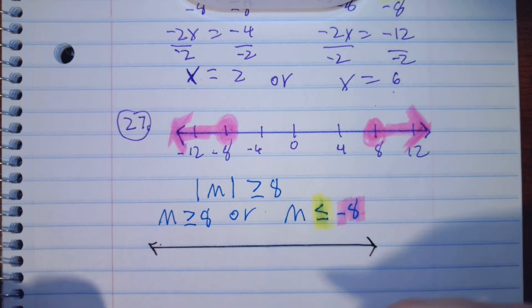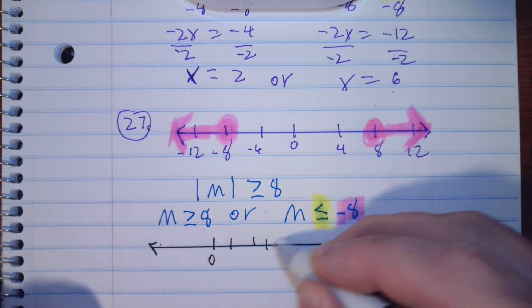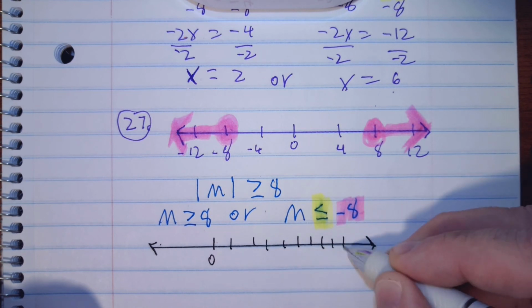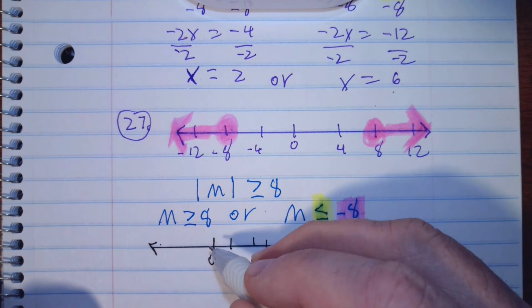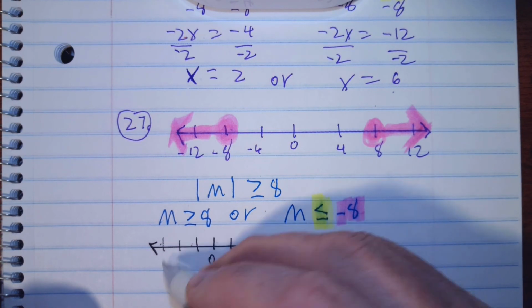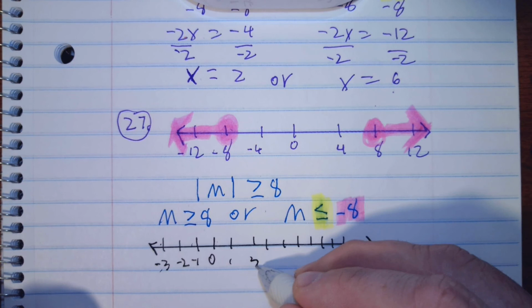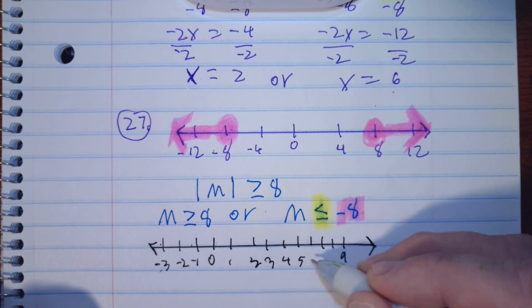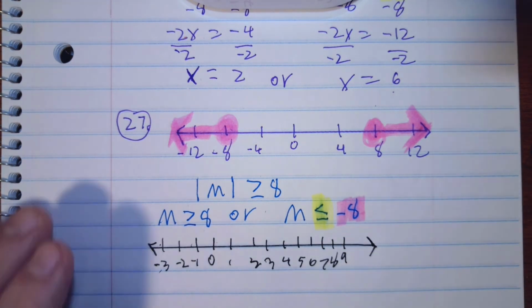All right, and we probably have about a 0 here. 1, 2, 3, 4, 5, 6, 7, 8, 9. So it's 9. And we got a 1, 2, 3. So negative 3, negative 2, negative 1, 1, 2, 3, 4, 5, 6, 7, 8. All right, we just did that just a little bit.